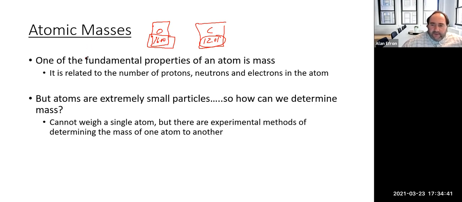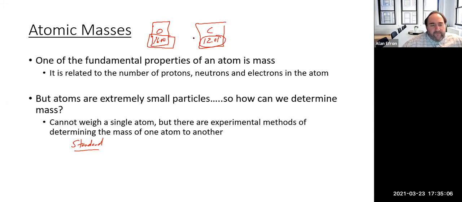So a lot of times in chemistry, when we can't directly measure something, what they will often do is pick something to use as a standard. They may assign it a particular value, they may measure its particular value, but they'll pick something to use really as a standard.